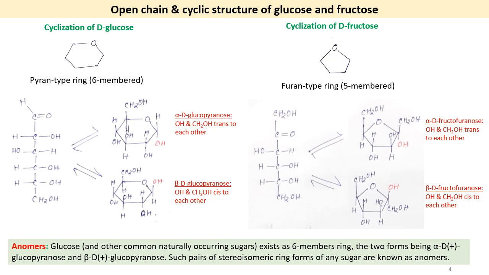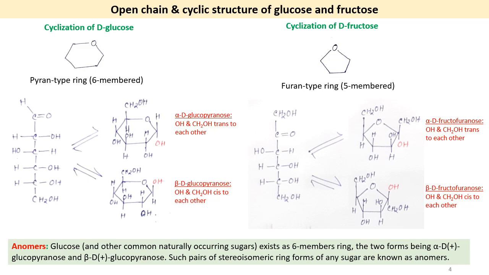So what are anomers? Glucose and other common naturally occurring sugars exist as a 6-member ring, or in case of fructose they exist as a 5-member ring. So these 2 ring forms, being alpha D plus glucopyranose and beta D plus glucopyranose, such pairs of stereoisomeric ring forms of any sugar are known as anomers.